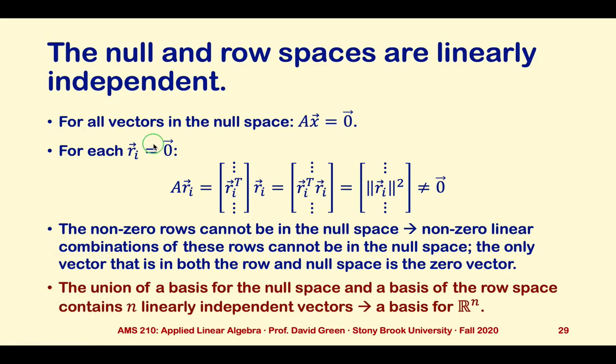Now let's consider each row, each Ri not equal to 0. Ri here is going to correspond to a row of I, and we're going to limit ourselves to looking at non-zero rows. What would A times Ri be?